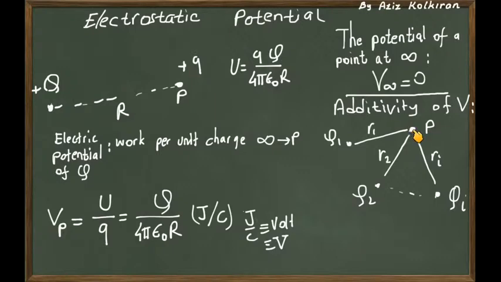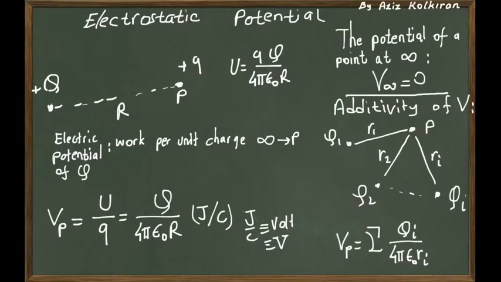The potential of a point P, which is located at some distance to some point charges, all you have to know is the distance between the point and these charges. You just write down the potential of each charge at point P, and add them. That's it. So the result is the addition of all potentials of each point charge at point P.